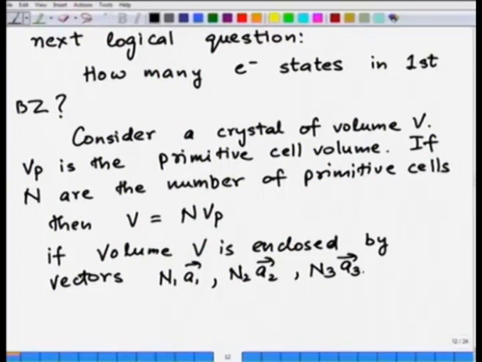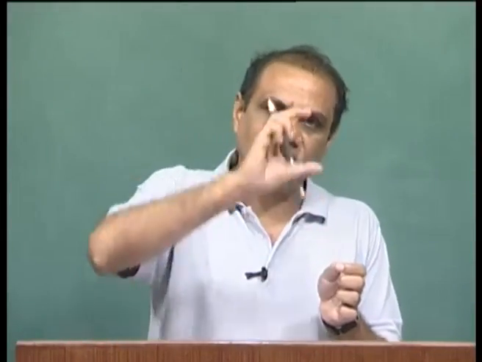Think of it like this: if n1 times in the direction of a1, n2 times in the direction of a2, and n3 times in the direction of a3, that is the extent of my total volume. So, in terms of primitive lattice vectors, if I take n1 steps in the direction of a1, n2 steps in the direction of a2, n3 steps in the direction of a3, then I construct my whole volume.